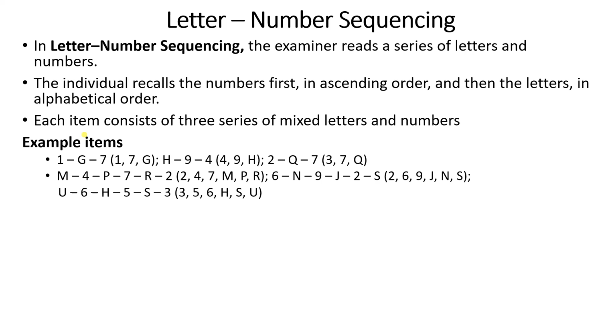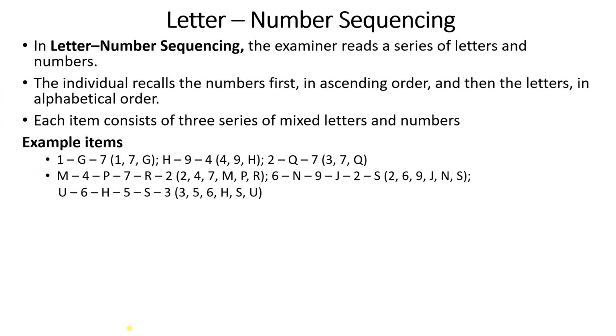A few examples, for example, 1 G 7, it will be presented at one alphabet or one digit per second speed. Then the subject has to arrange the numbers first, 1, 7, and then G. 1 7 G is the correct response.